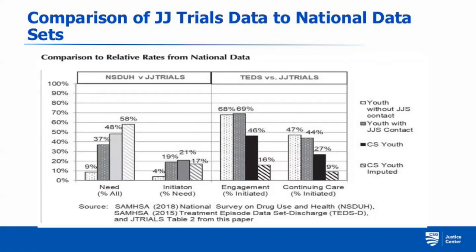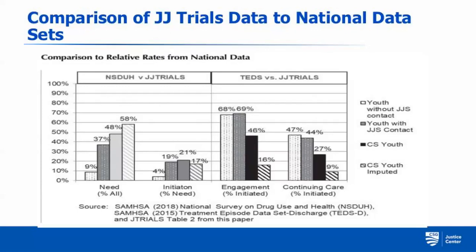And to verify the utility of this approach, the team recently published a paper that compared our 33 counties to national data sources, and this has to come from the National Household Survey and the TEDS data, which is the treatment episode data that's been maintained by SAMHSA, right?